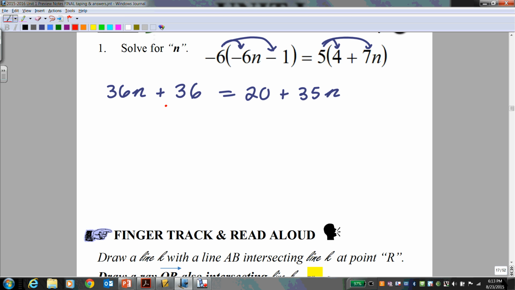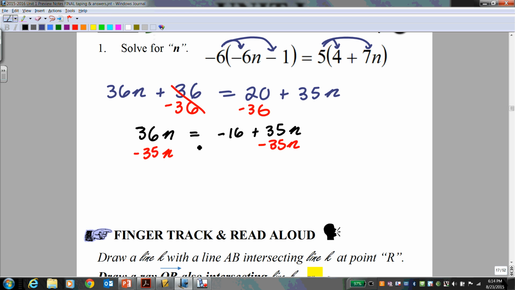So I'm going to minus 36, minus 36. So I'm going to have 36n equals negative 16 plus 35n. Minus 35n, minus 35n. End up with positive n equals negative 16.